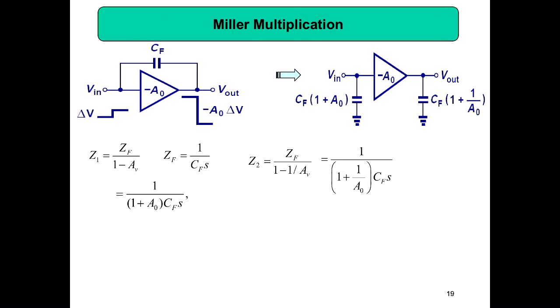So if I connect a signal, I have already connected a signal delta V here, then what is the effect you are seeing? When you connect a delta V here, for the signal, when you have a capacitor between input and output like CF, the signal will see a very big capacitance at the input. That is equal to CF times 1 plus A0.